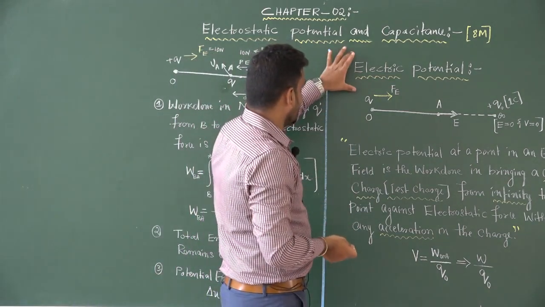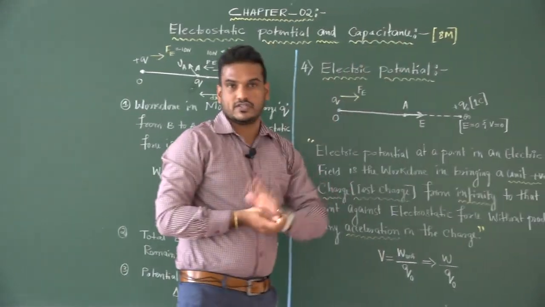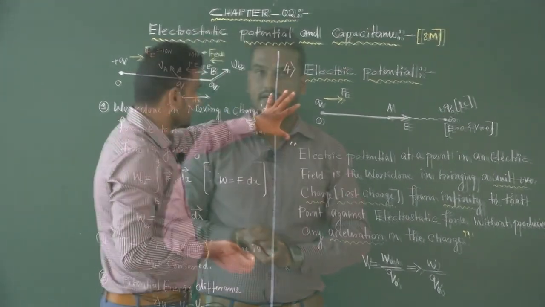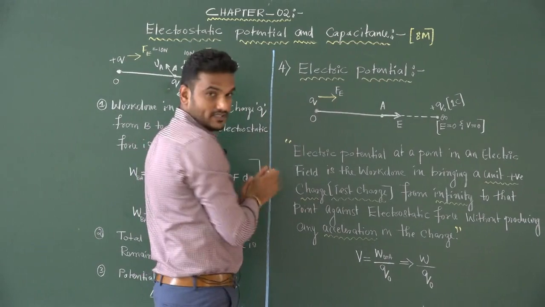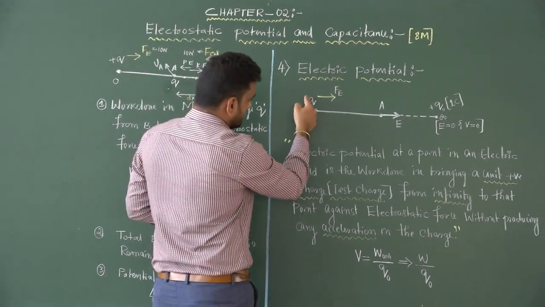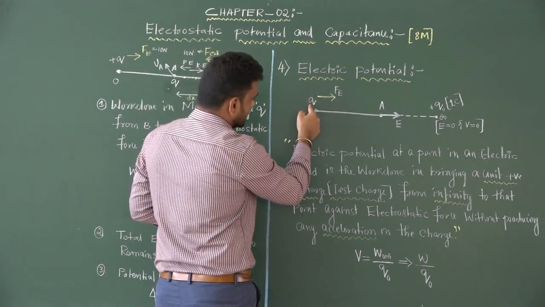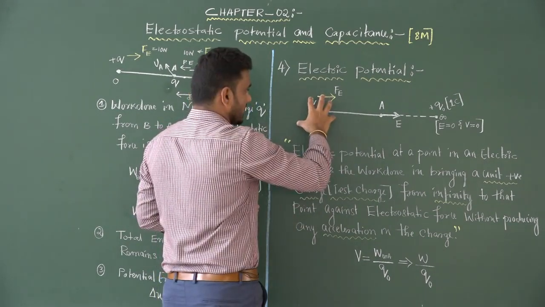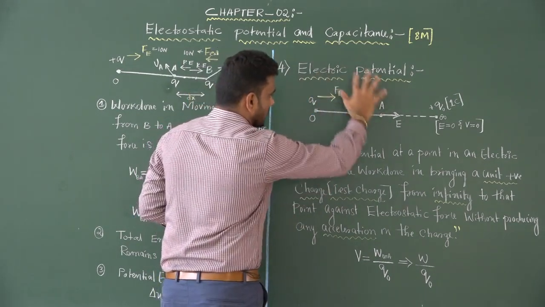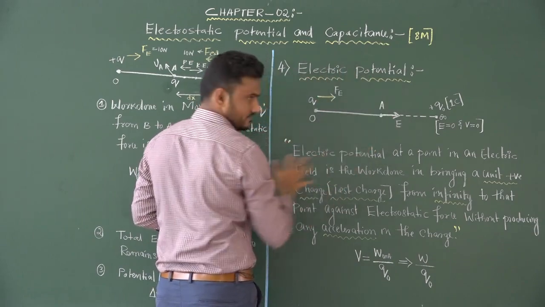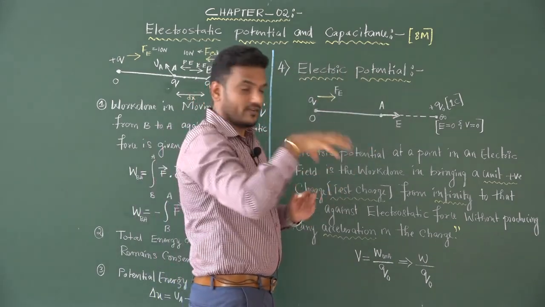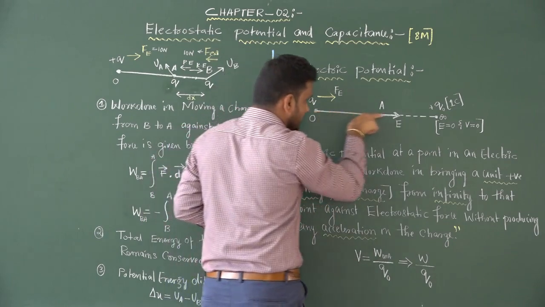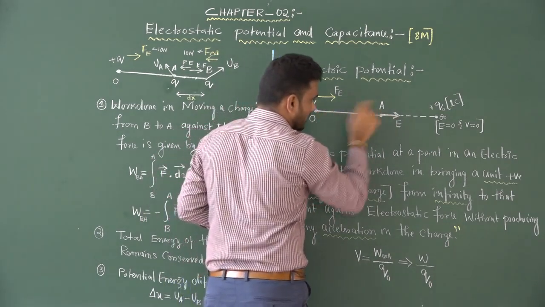The fourth point, electric potential. It's very important. Look at the board. I consider a simple diagram: a positive point charge placed at a point O. The space around it produces an electric field. In the region of the electric field, I consider an electric field line.